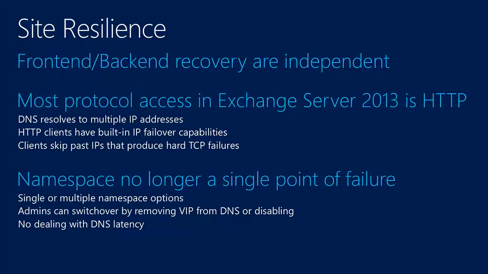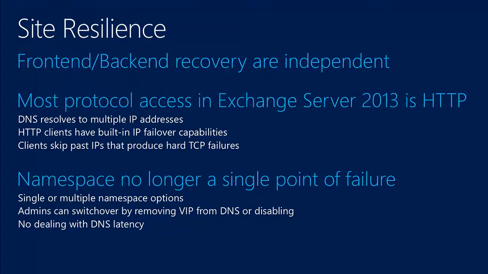And all HTTP clients have the ability to receive multiple IP addresses for whatever names they're resolving. And as a result, these HTTP clients have the ability to achieve redundancy and failover at the namespace level. Okay, and I'll illustrate what I mean by that.